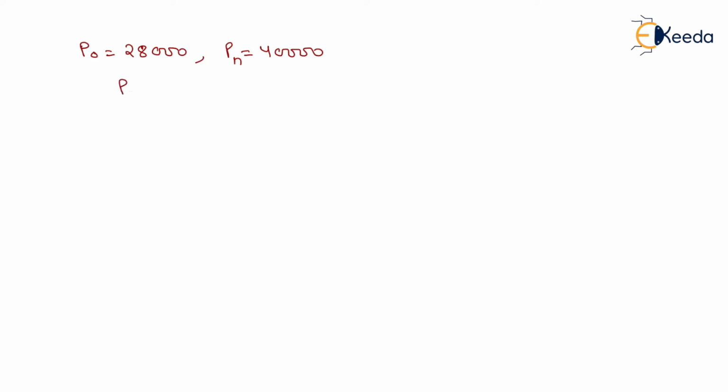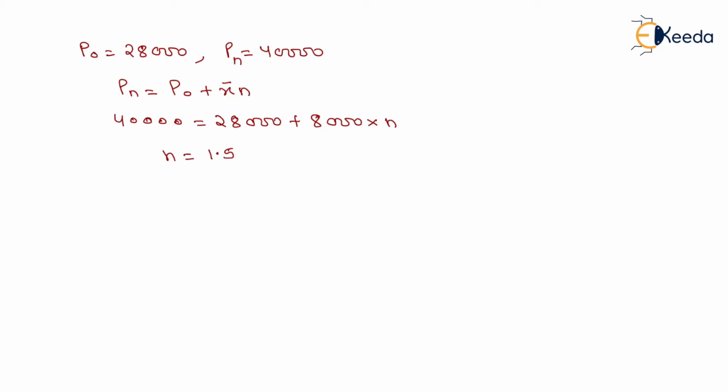Now we again use the formula Pn equals P naught plus N x bar. We have Pn equal to 40,000, P naught equal to 28,000, and we already determined X bar as 8,000. From this equation we get the value of N equals 1.5 decades.